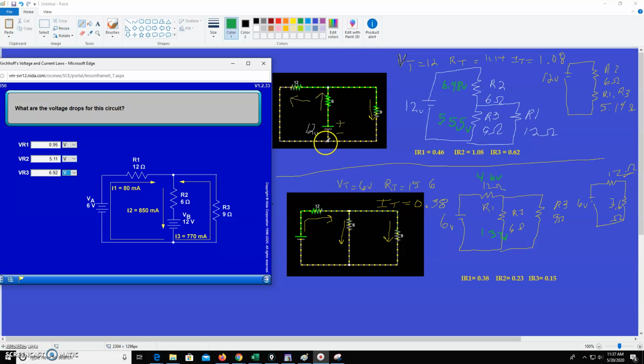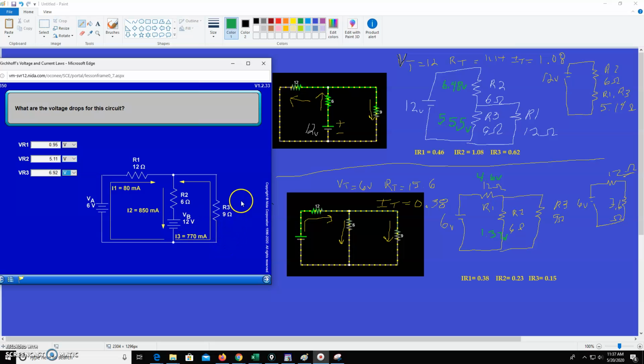Now R2 also was subtracted. So 1.08 minus 0.23 equals 0.85, and that's 850 milliamps.